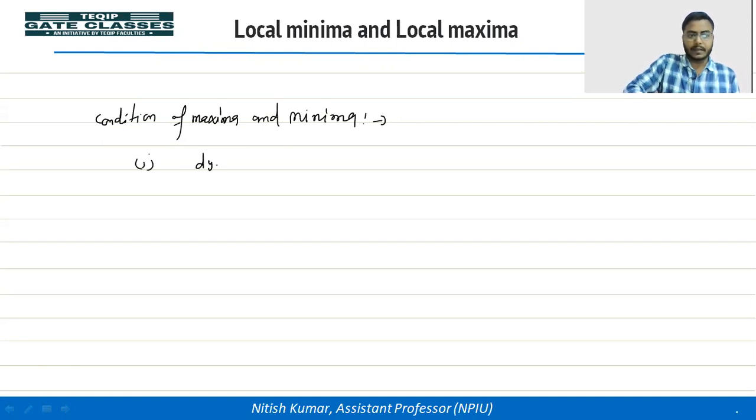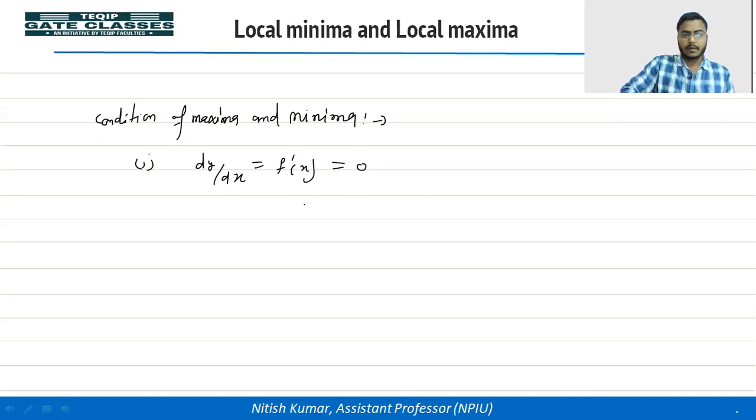First one, dy by dx, also we can write f dash x, should be equal to 0, and the point where dy by dx is equal to 0 is called a stationary point.